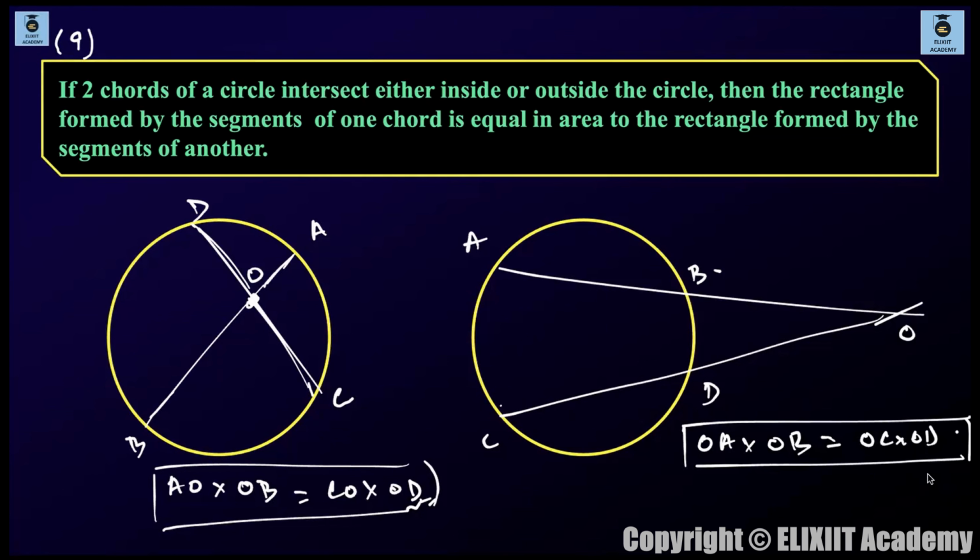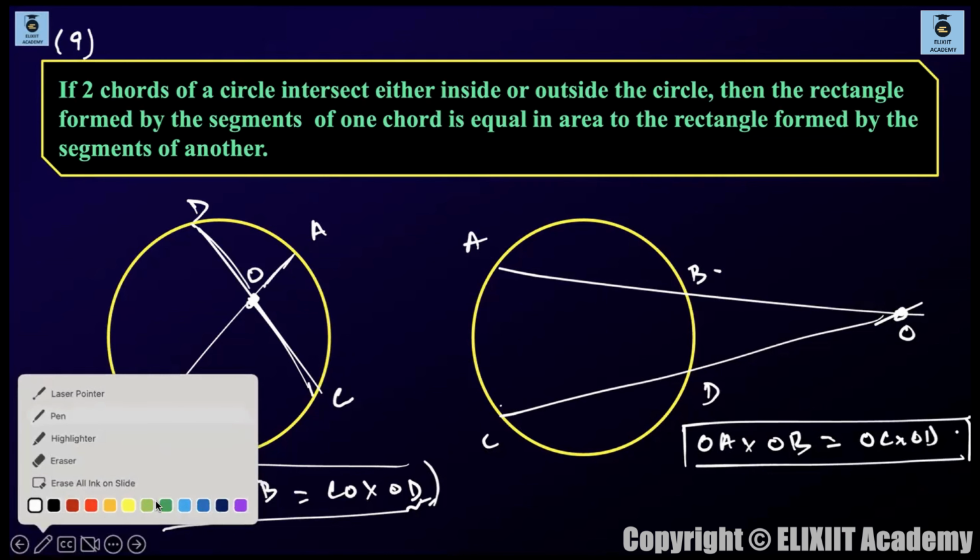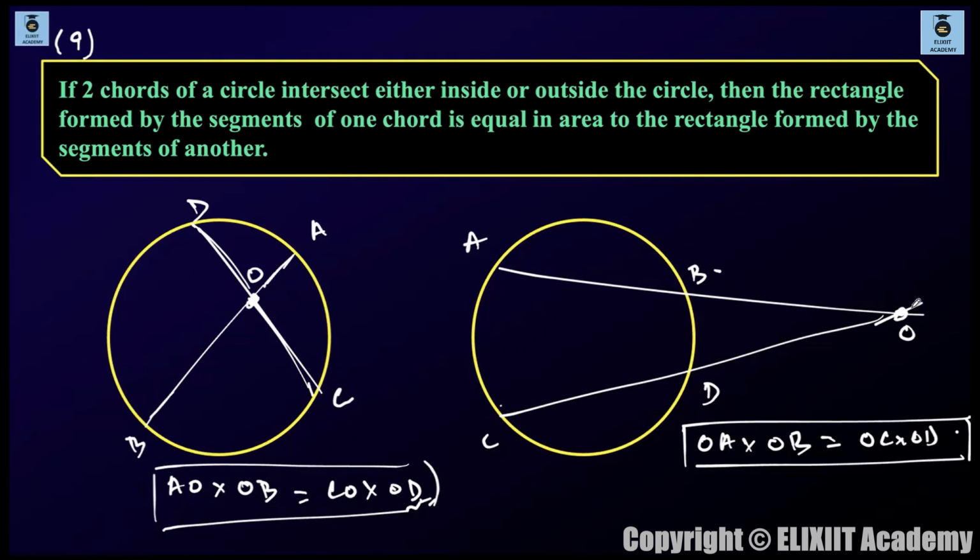Also, do add one more point. If the 2 chords are intersecting externally, then there is one more theorem, one more statement for it. Do add this as well. The tangent from O, the tangent means the point where this tangent will touch the circle at some point.